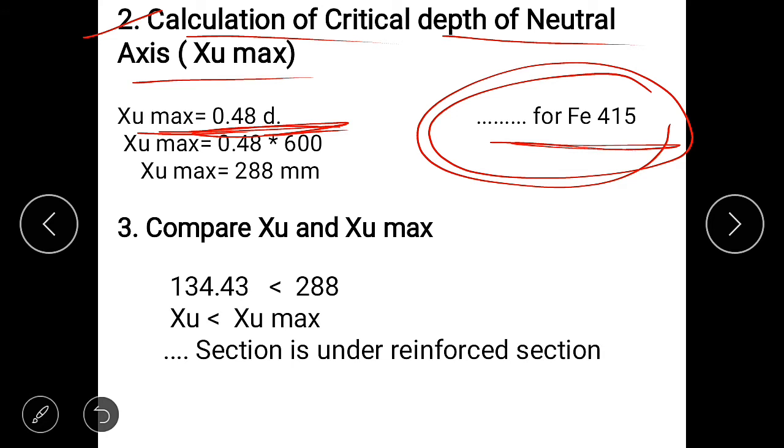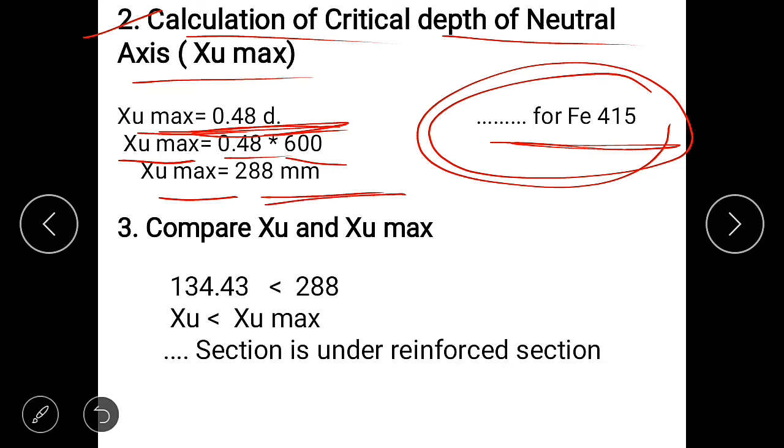I have already provided you all a chart here. To learn from that chart, you get the formula for Mu, percentage of steel and XU max values. Okay. So XU max is equal to 0.48 into D, and D is 600 mm. So XU max is equal to 288 mm.